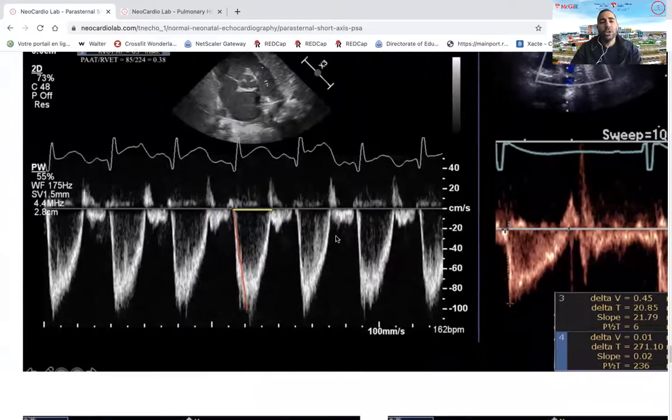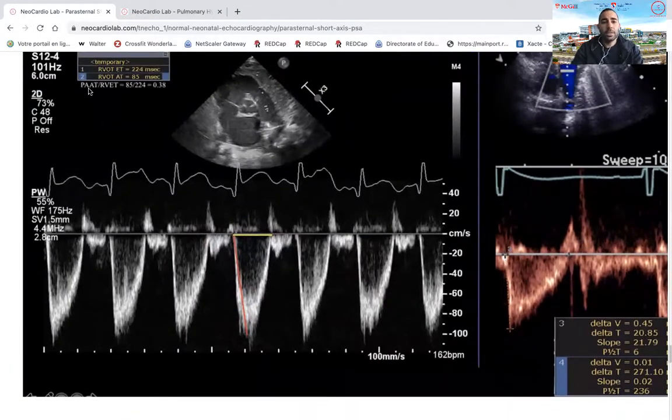So one way to quantify this, the PAT on RVET ratio, is to actually look at the time spent during the RV ejection phase, which is the entire Doppler curve here, as a way to normalize for heart rate, because these babies have fast heart rates, and to look at what we call the pulmonary acceleration time. So you have here time and velocity.